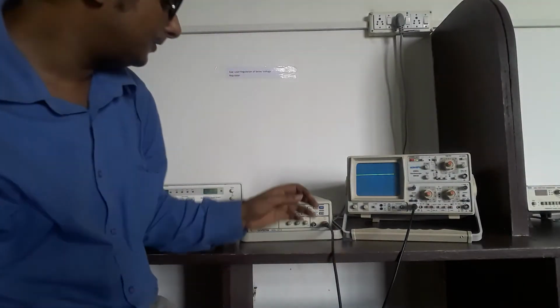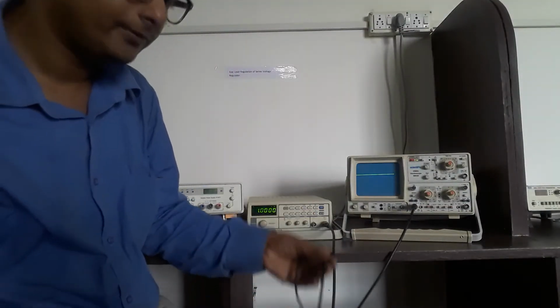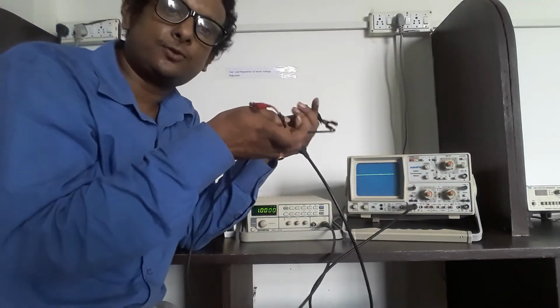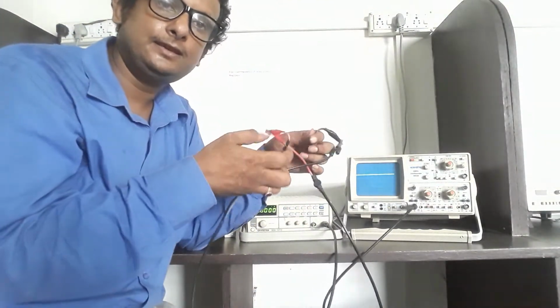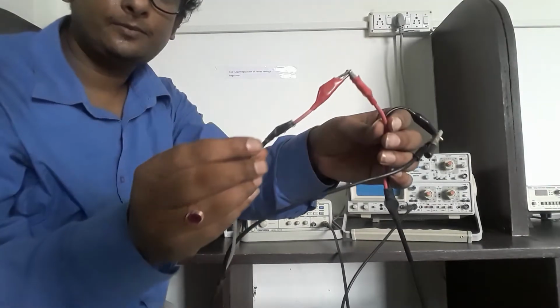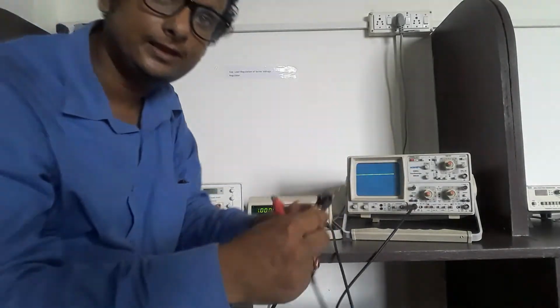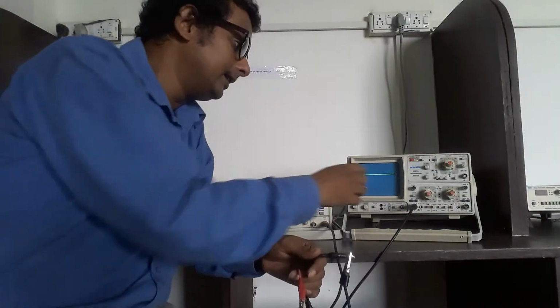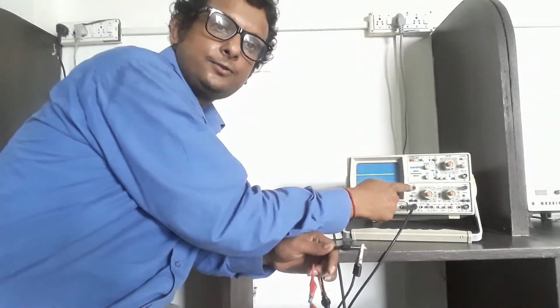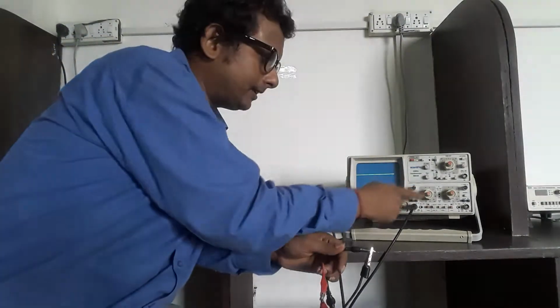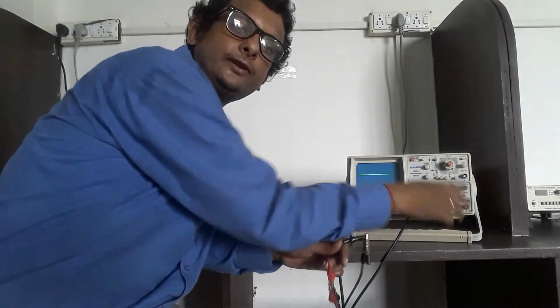I have connected the CRO and function generator with this crocodile wire, as you can see: the red terminal with the red terminal and the black terminal with the black terminal of the CRO. In the CRO there are two channels, channel number 1 and channel number 2, and we can use any one.